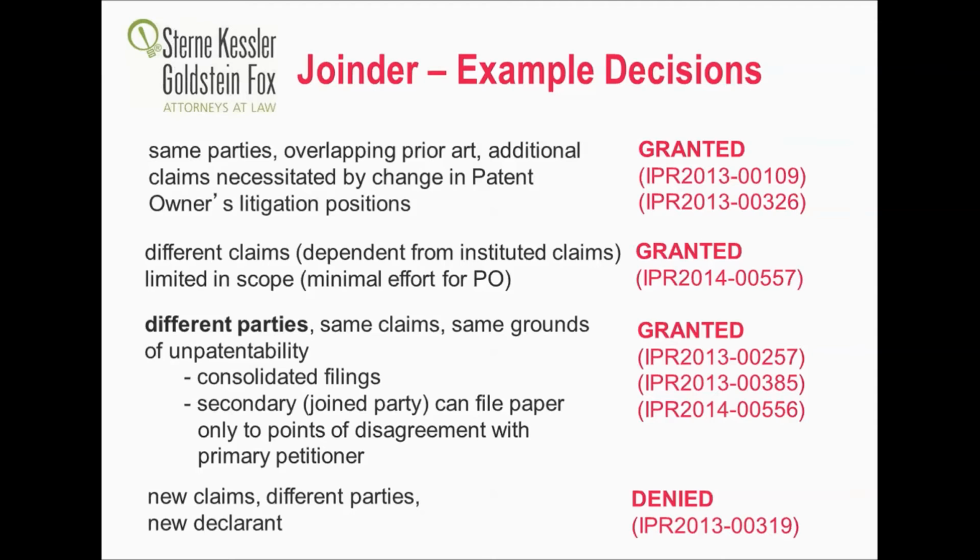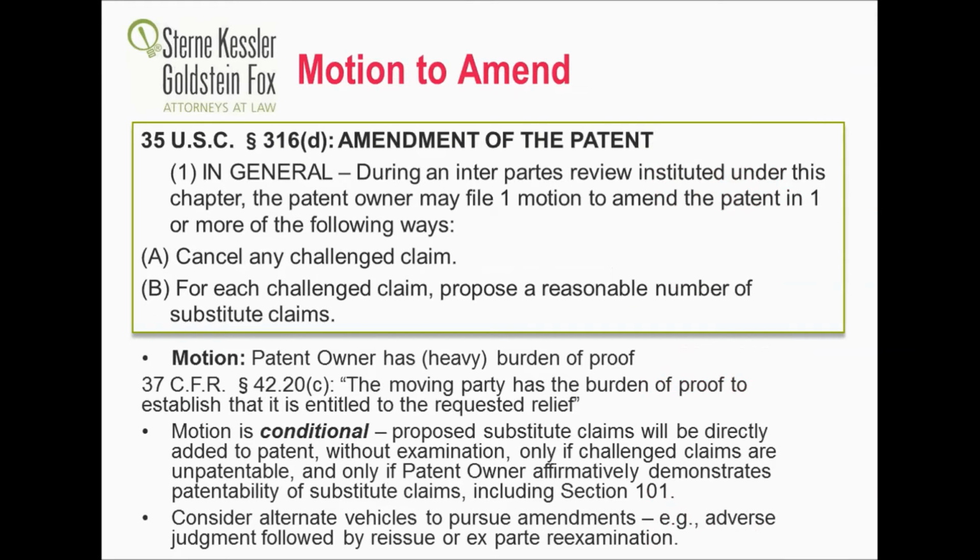For the first time ever, there is a possibility for the Patent Office to allow a patent claim to issue that has not been examined. And for that reason, because again, these are adjudicatory proceedings, not examinational proceedings, the patent owner has a heavy affirmative burden to show that it is entitled to the requested relief.